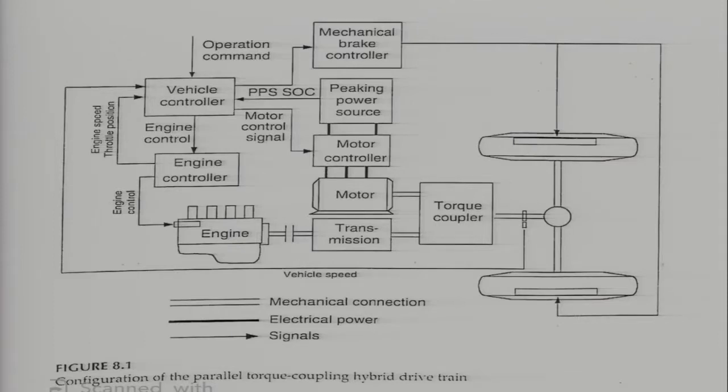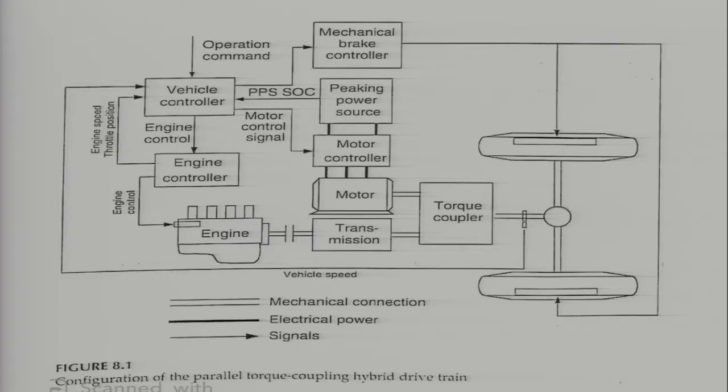The second output is the motor control signal. Here this is the motor controller, which is nothing but your power electronics interface between the peaking power source and the motor. This motor control signal is given to the motor controller, to decide whether it should operate, reduce the speed, increase the speed, or convert properly, or whether the motor should be converted into generating action under regenerative braking conditions.